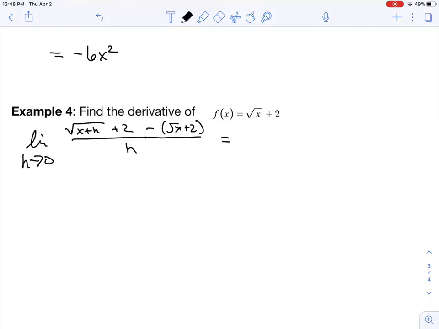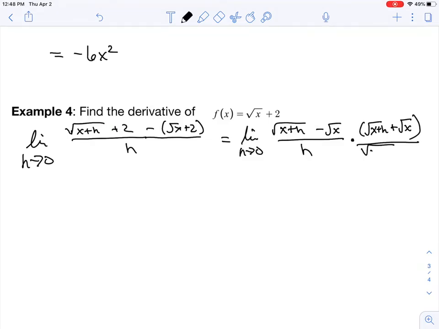All right, so if we take that negative through, the 2's are going to cancel out. We're going to subtract off, and we get the square root of x plus h minus the square root of x, over h. And if you remember from the last section, we'll need to use the conjugate in the numerator and denominator to get rid of those radicals.